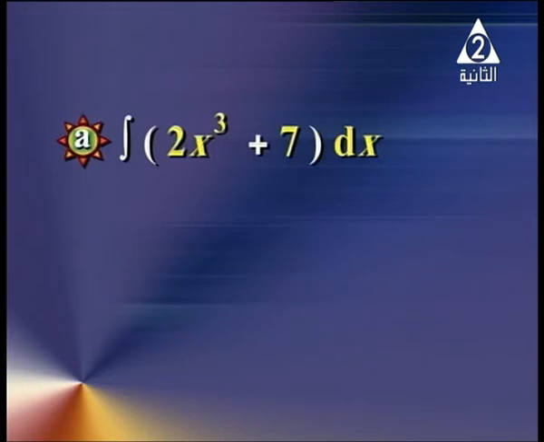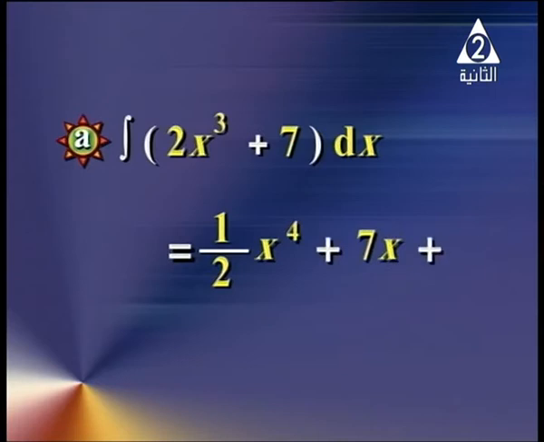What is the integration of 7? Integration of the constant is 7x plus c. Then the answer is half x power 4 plus 7x plus c.